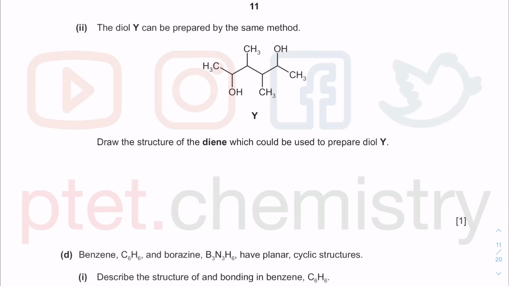Now this diol Y can be prepared by the same method. So now you want a diene. Diene means two alkene, so two carbon-carbon double bonds, which could be used to prepare diol Y. You can see the OH is here, and you must add onto a carbon-carbon double bond. If my carbon-carbon double bond is there, that means I've added that.